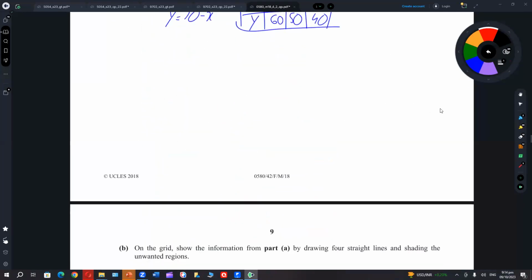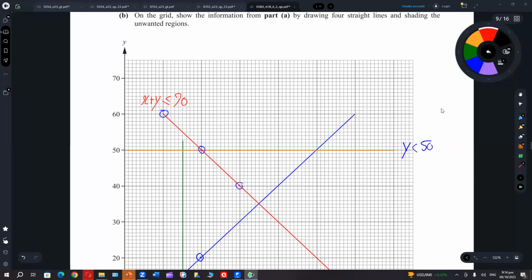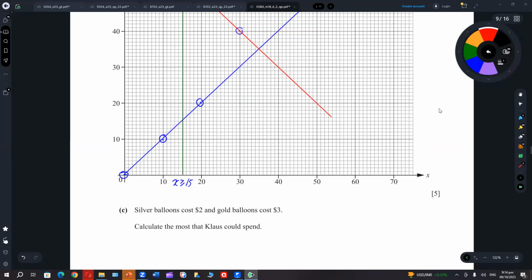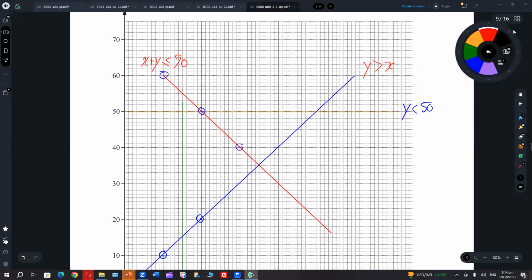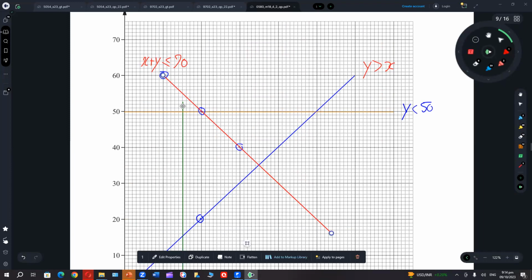The first one was Y is greater than X. So we have all the equations plotted. Now you remember the rules which we discussed on that day.